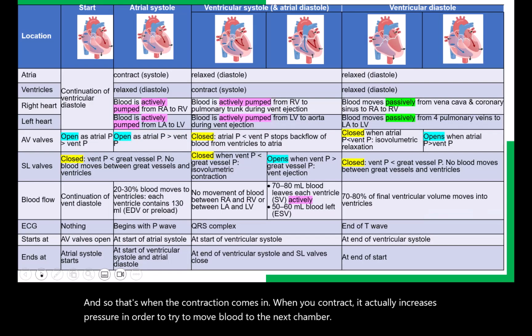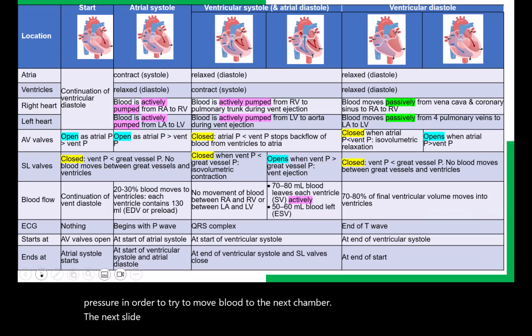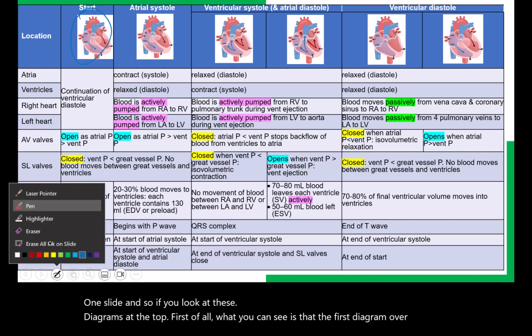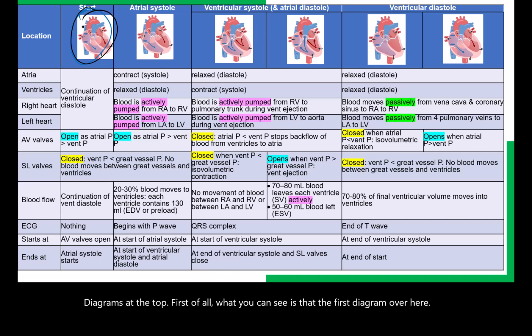The next slide is very, very busy, and the reason why is I've tried to have it all in one slide. If you look at these diagrams at the top, first of all, you can see that the first diagram over here is identical to this diagram over here, because I wanted to depict that this is a cycle, right?